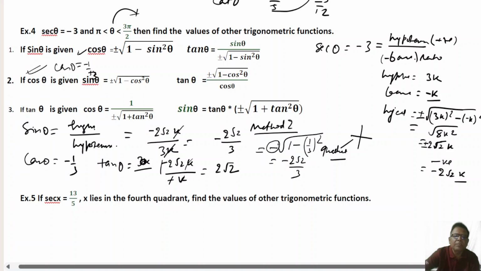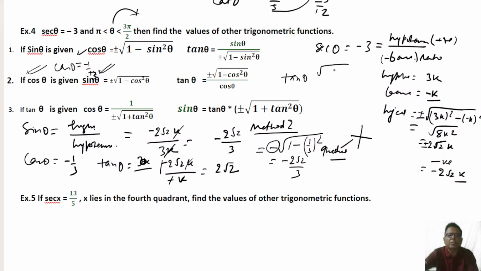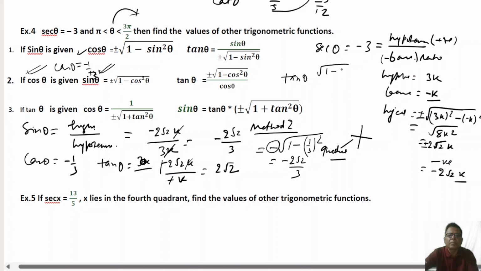Why have we taken negative? Because it's in the third quadrant, and sine in the third quadrant is negative. And tan theta, that also you can calculate. You will have to take positive. So root of 1 minus cos square theta, that means 1 minus minus 1 by 3 the whole square, divided by minus 1 by 3.